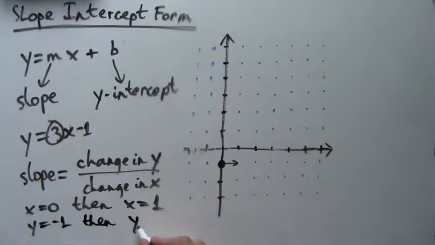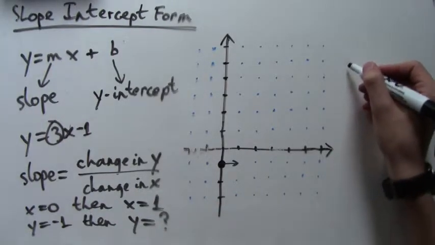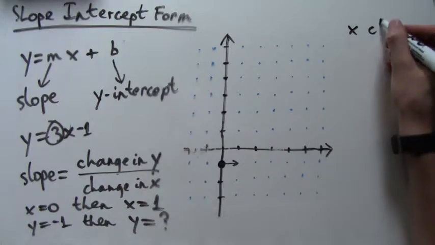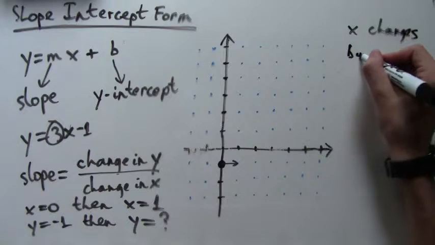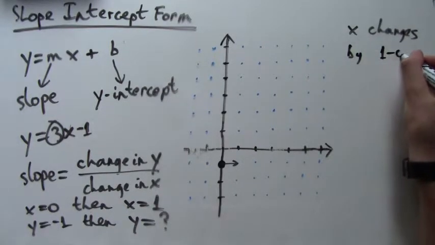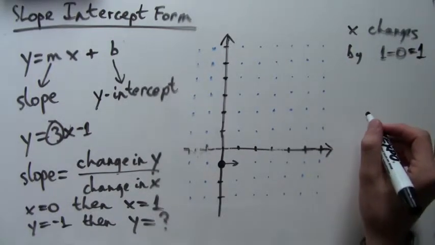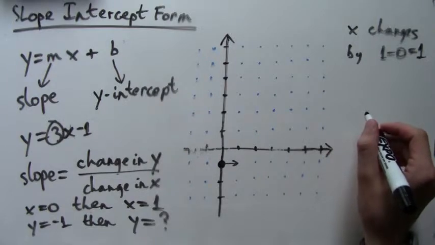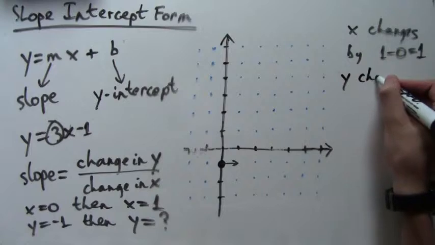Now, when x equaled 0, we had y = -1. But then when we shift along the line 1 to the right, what does y become? Well, x changes by 1, because 1 minus 0 equals 1. And we know that the change in y over the change in x is 3.